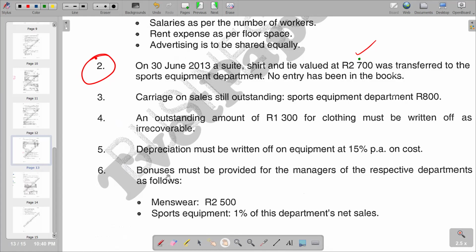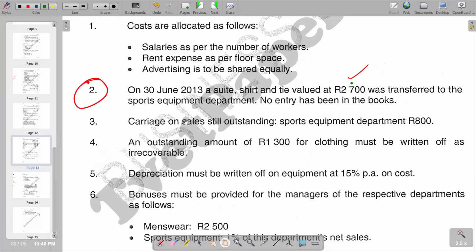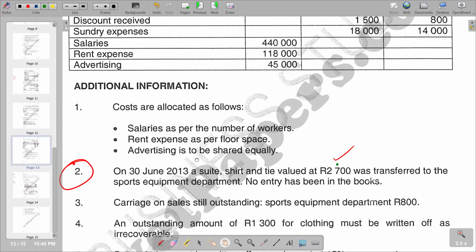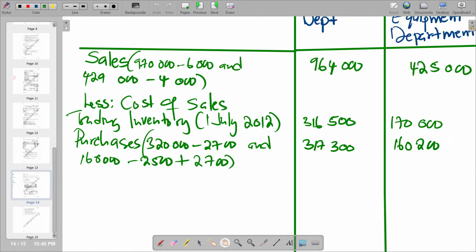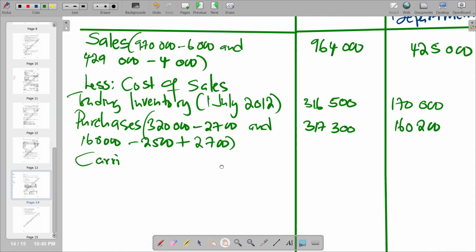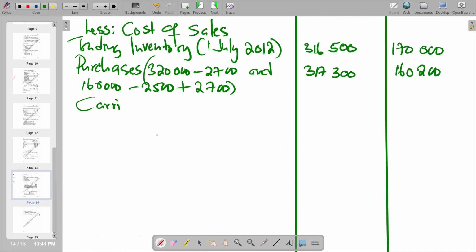So we check, and we see that we do not have any other adjustment that is affecting our carriage on purchases. In that case, we check the figures that we have, carriage on purchases 18,000 and 9,000. So we go and enter that as carriage on purchases.